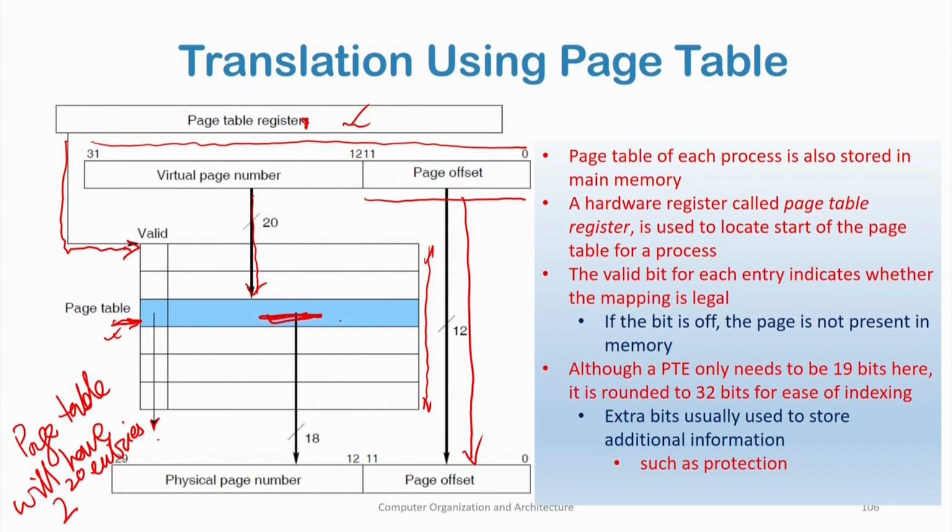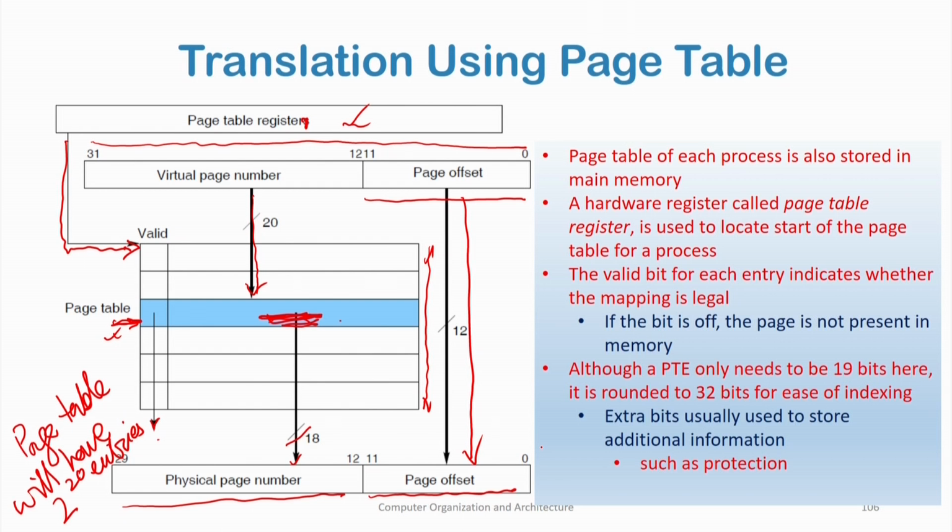Now, if this is on, then what happens? For this virtual page number, I will get the physical page number. This physical page number is 18 bits, and I get the higher order 18 bits of my physical address. I also get the page offset. I add these together and get my 30-bit physical address.